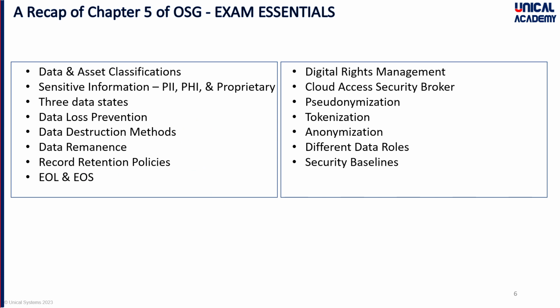Also classify the sensitivity, whether it is personally identifiable information or protected health information or proprietary information of an organization. We also studied data at rest, data in transit, data in use. Different endpoint and network data loss preventions we covered. And data needs to be destroyed after its lifetime. The cleaning, purging, erasing options we studied.